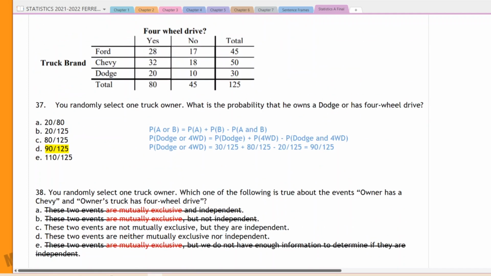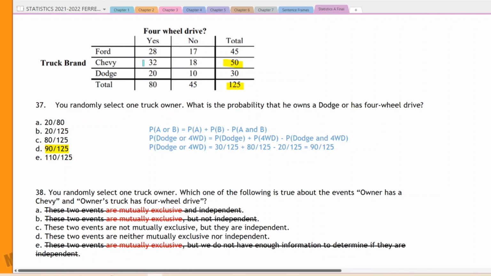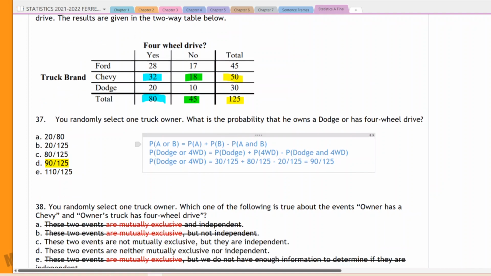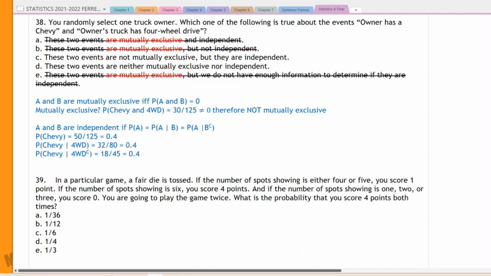So coming up to my chart, the probability of a Chevy is 50 out of 125. The probability of Chevy, given that the car is a four-wheel drive, is 32 out of 80. And then the probability of a Chevy, given that it's not a four-wheel drive vehicle, is 18 out of 45. So if we come back down and put those probabilities in here, these are all 40% probabilities.